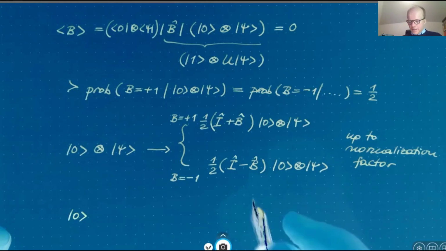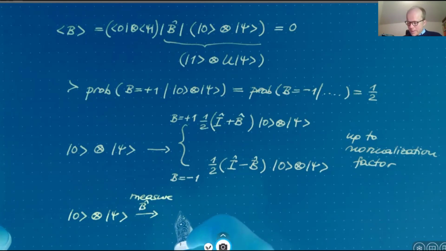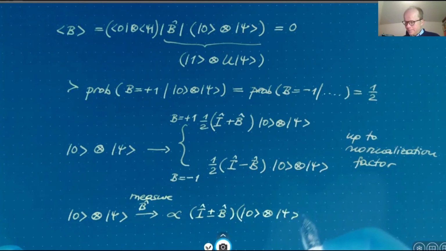Let me summarize this in a slightly more compact form. So the tensor product is mapped to, up to normalization factor, so I write a proportionality sign, I plus or minus B applied to 0 tensor psi.